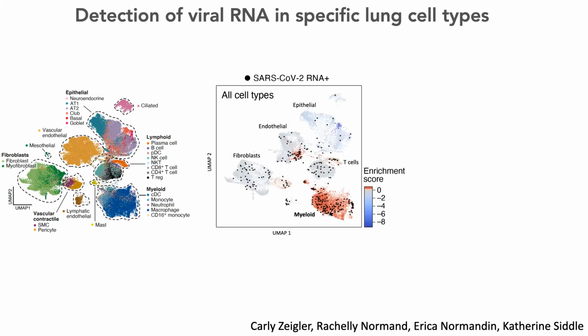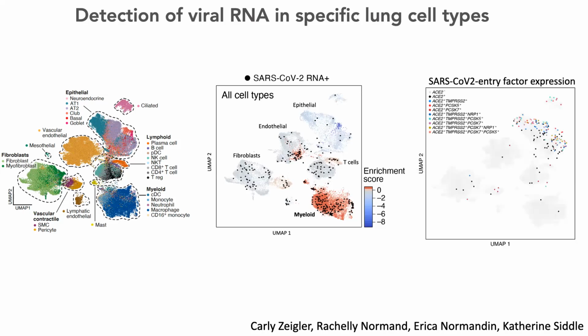The red color here indicates a positive viral enrichment score. Notably, the presence of SARS-CoV-2 positive cells did not overlap with co-expression of the SARS-CoV-2 entry factors, primarily found in epithelial cells. And we've plotted expression of these factors in the graph on the far right.